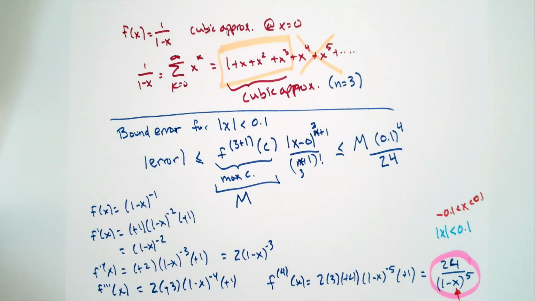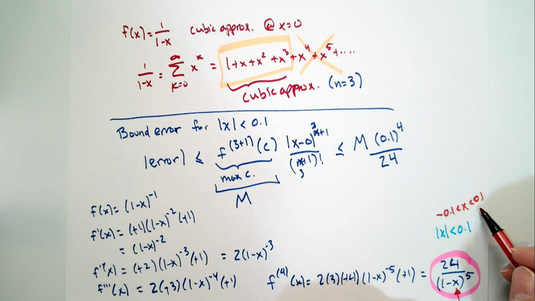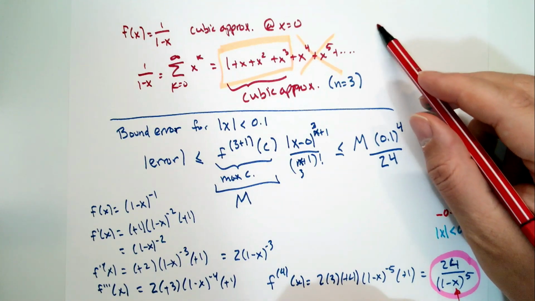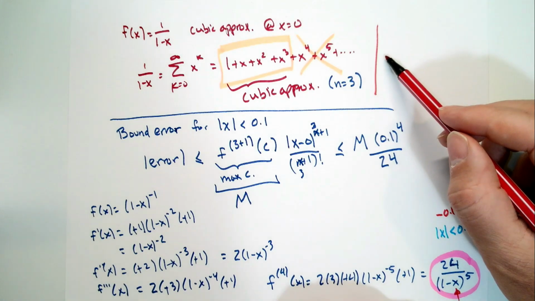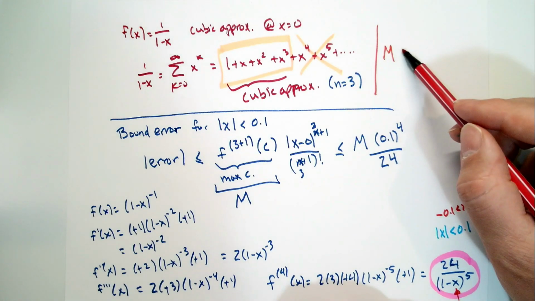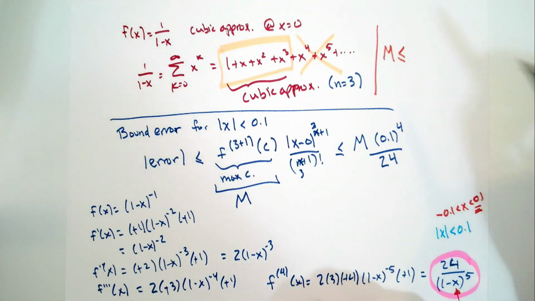The answer is, if I want my denominator to be small, which would make my whole number large, I should choose x to be as large positive as I can. So I want it to be close to 0.1. So what we can get, I'm running out of space down there, so I'll do some work up here, is I can say that m is at most, and this is really the best possible situation, you know, it's the best worst case scenario, okay?